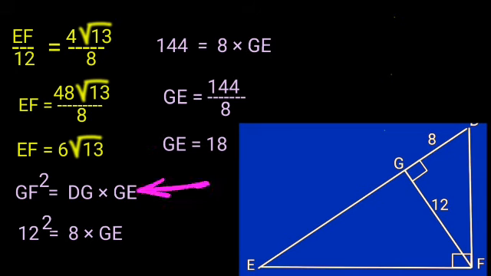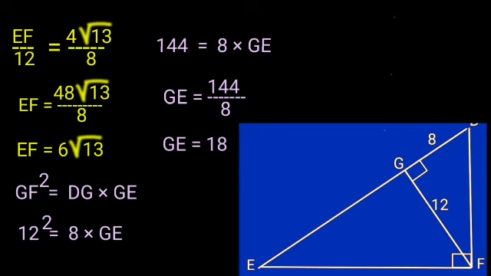Then GF is the altitude. Hence by geometric mean, GF square is equal to DG into GE. Substituting the values, GF 12, DG 8, hence 12 square is equal to 8 into GE. 12 square means 144 is equal to 8 into GE.